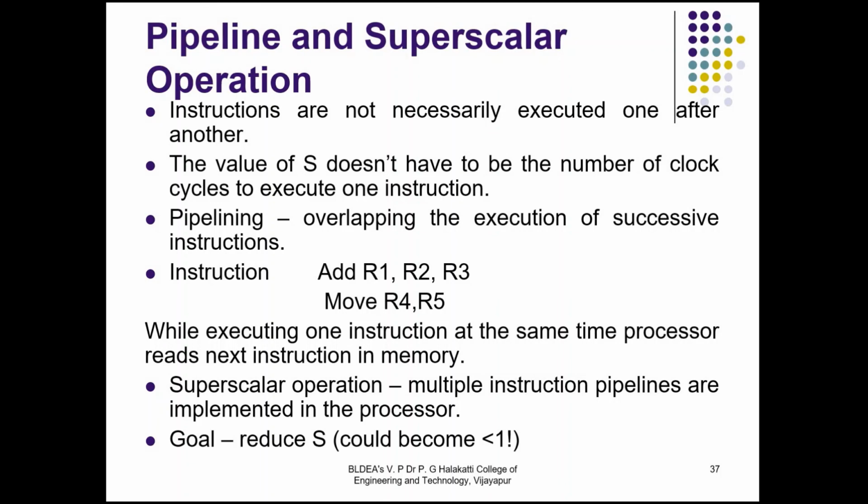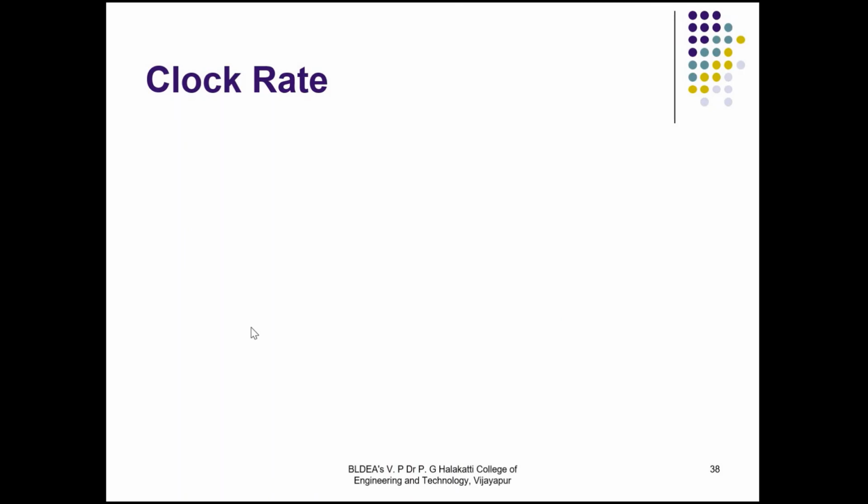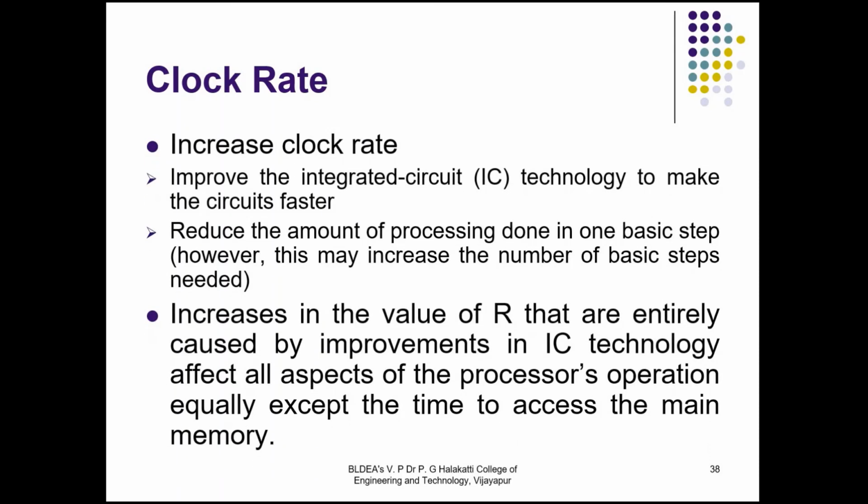Now we have seen already how to reduce S. Now let's see how to improve R. There are two possibilities for increasing the clock rate R. First is by improving the integrated circuit technology that makes the circuits faster.